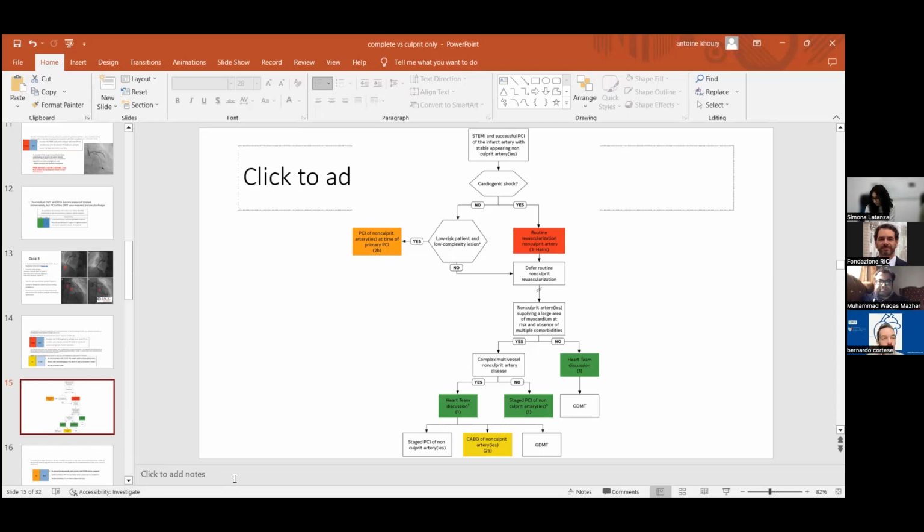I would like to know also the opinion of Antoine later, but as I was mentioning before, in the primary PCI setting we prefer to do just the culprit lesion and to stop, not to manipulate too much the catheter, other wires, also imaging catheter or whatever, because the patient is a very delicate patient, and mostly we have to think of the myocardium and not of the vessel itself. So we do the culprit, then we stop, and then we reassess maybe after 1 or 2 or 3 days when the patient is stabilized.